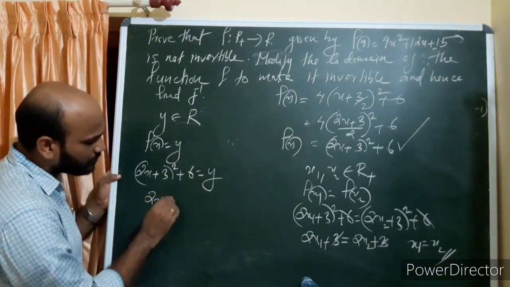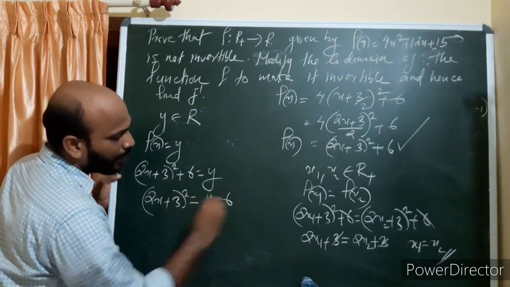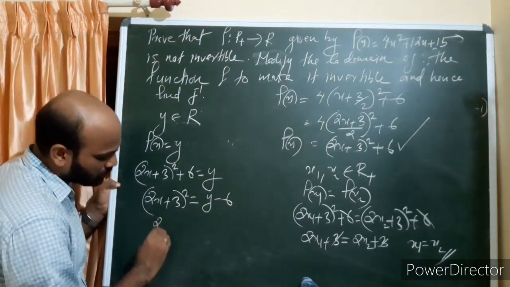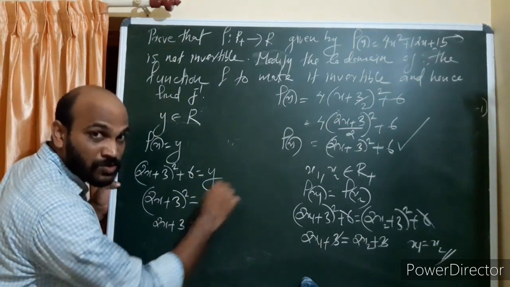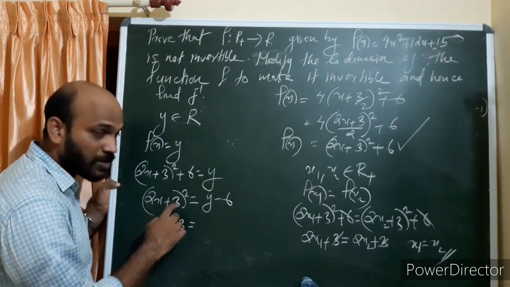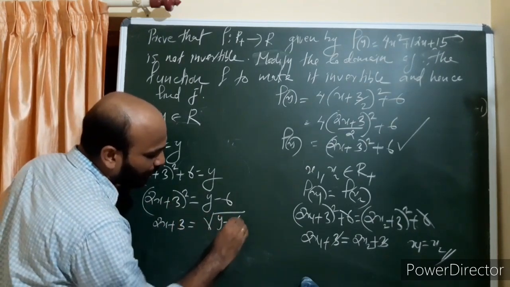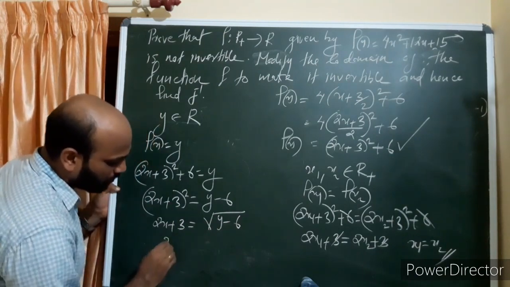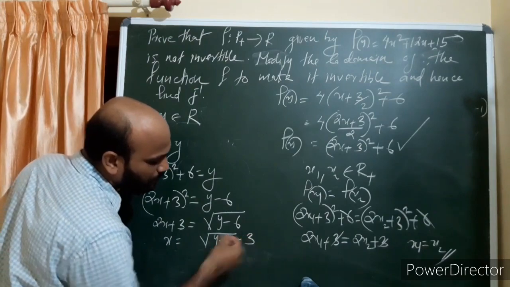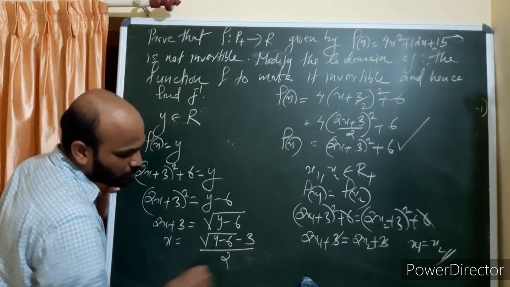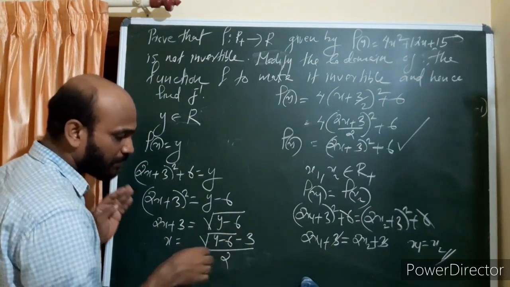So (2x + 3)² will be y minus 6. So 2x + 3 will be plus or minus root of (y minus 6). But 2x + 3 will always be positive, so you have to take the root of (y minus 6). So x equals (root of (y minus 6) minus 3) by 2.